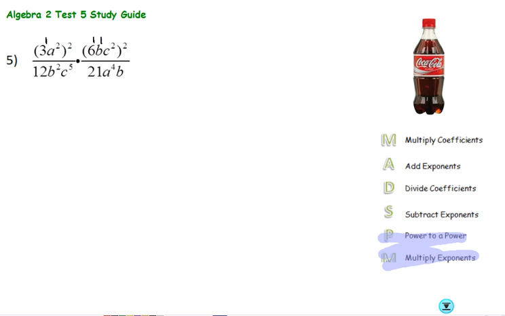So let's distribute. I've got 2 times 2, 2 times 1, 2 times 1, 2 times 2, and 1 times 2. So let's rewrite what that would be with the new powers, now that we've distributed.